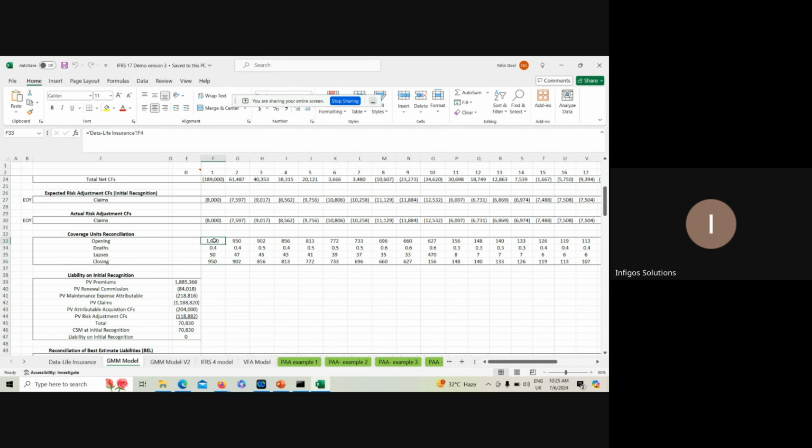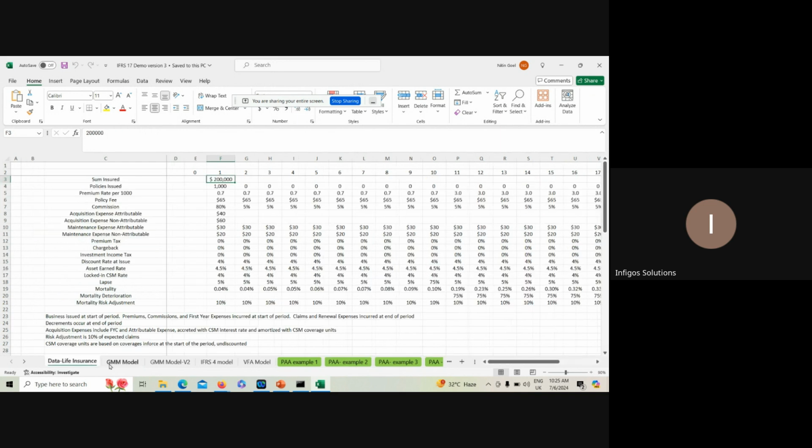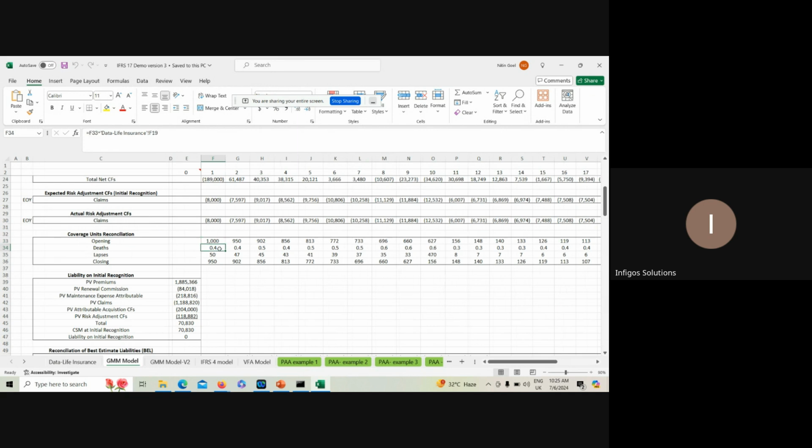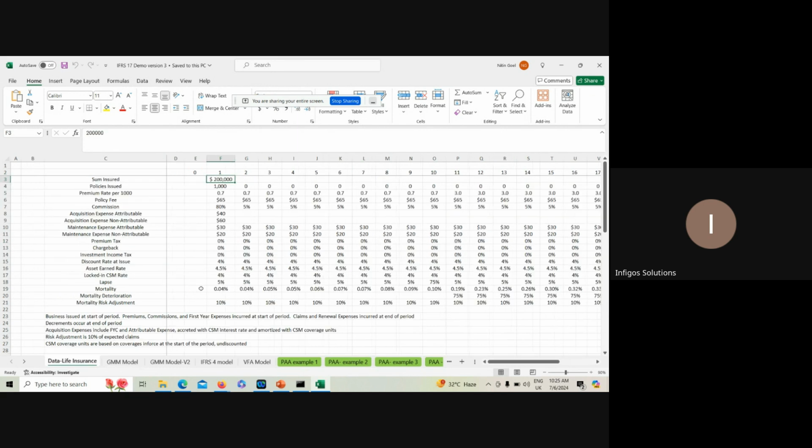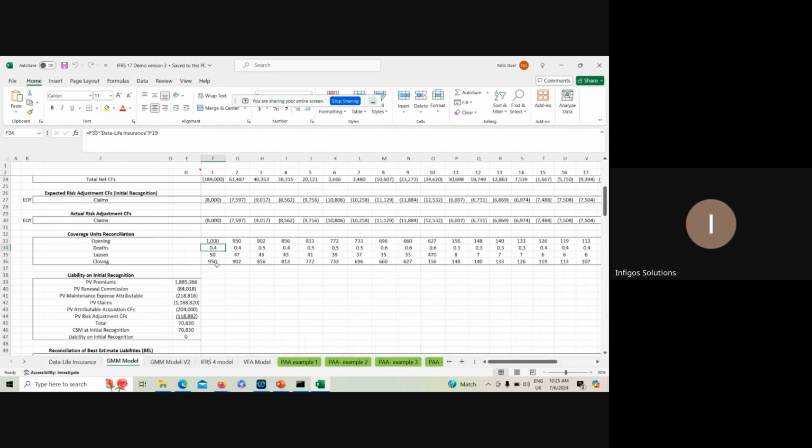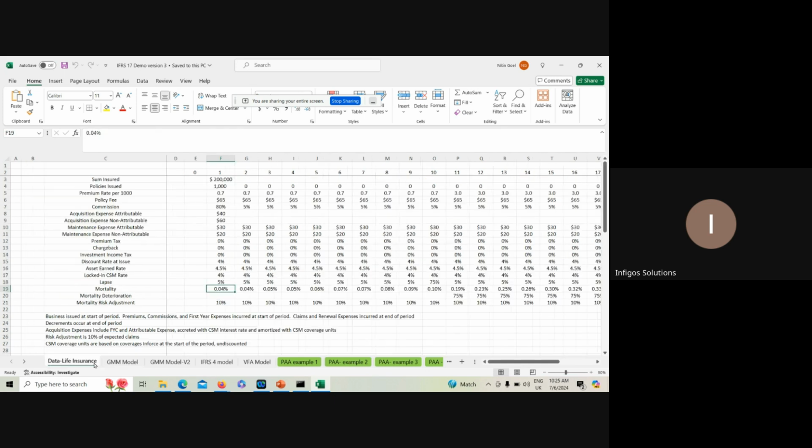So this particular thing is coming from this table, 1,000. This bit is coming from here. This bit is coming from here.